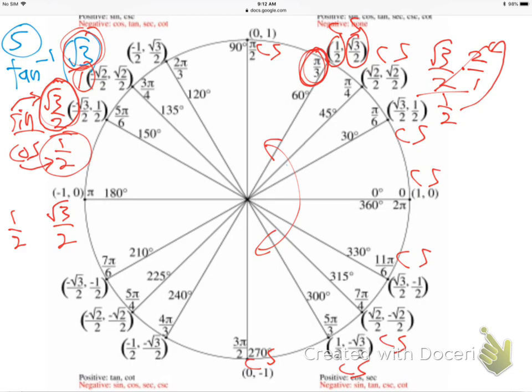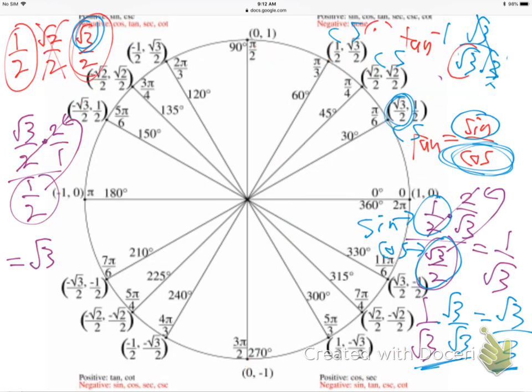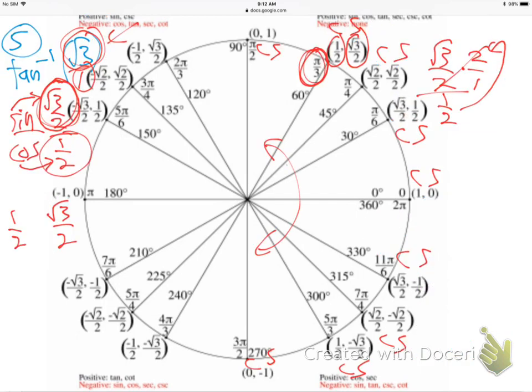So again, it's all about, is the root 3 on the top? If so, you're looking for sine root 3 over 2. Or in the last one, the root 3 was effectively on the bottom, so I was looking for cosine, the bottom of tangent, root 3 over 2, which happens at pi over 6. That's how to recognize those. All right, I better move on.